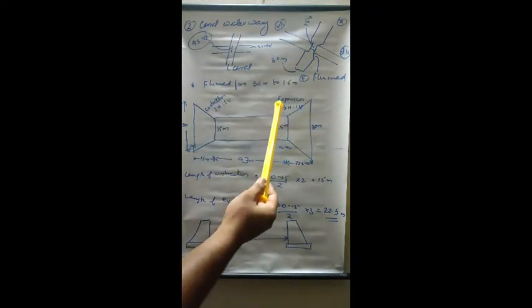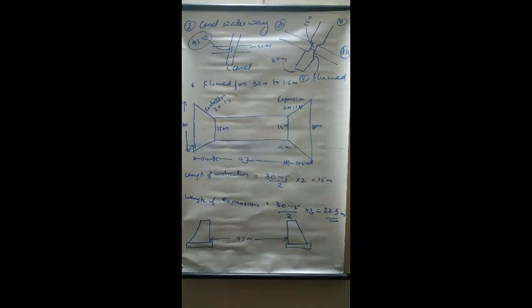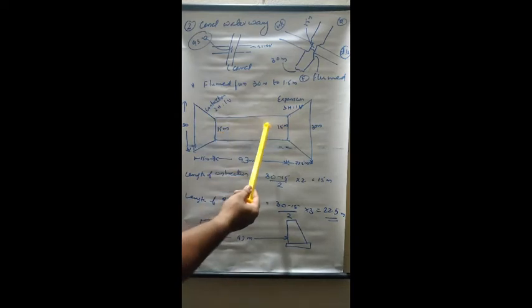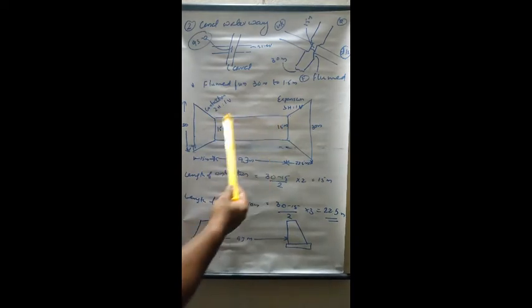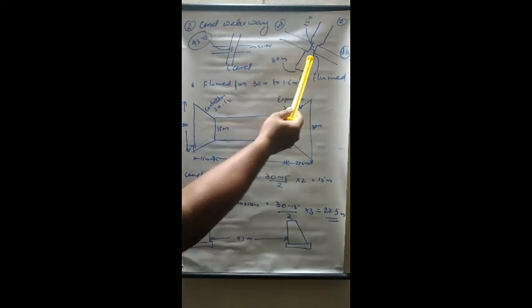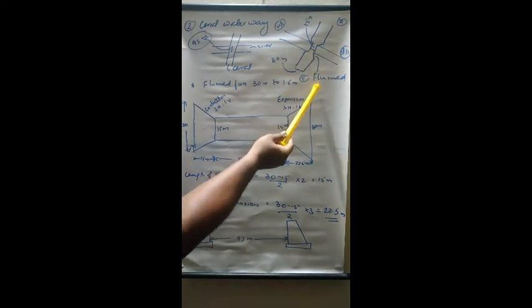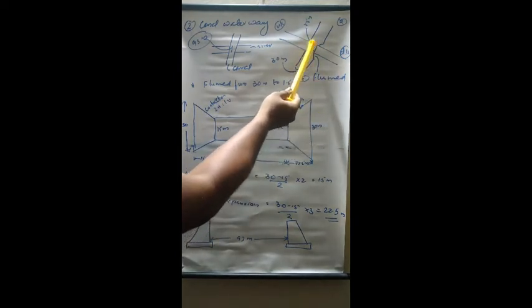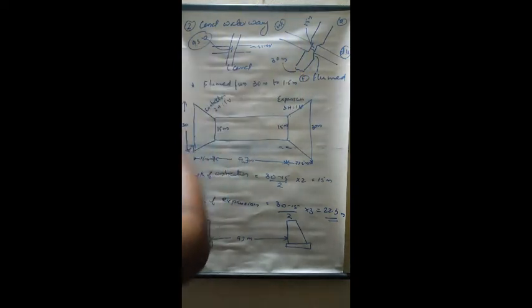And we need not do that. Only we need to carry the water from the upstream side to the downstream side. So we can reduce the width of the canal in the portion where the hydraulic structure is coming. We can reduce the width, or we can flume the width where the hydraulic structure is coming.